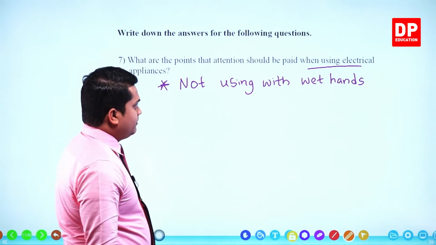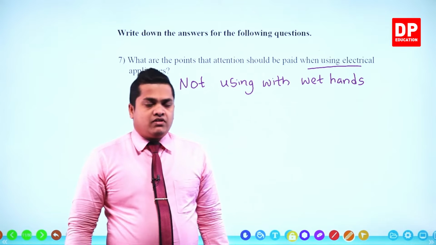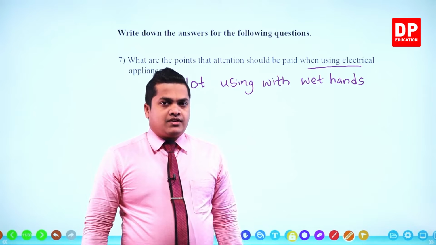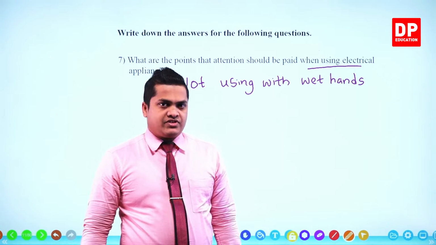Not using with wet hands. Then if there are more powerful electrical appliances like heaters, powerful means they draw a heavy amount of electricity.